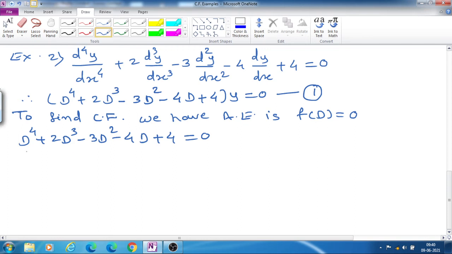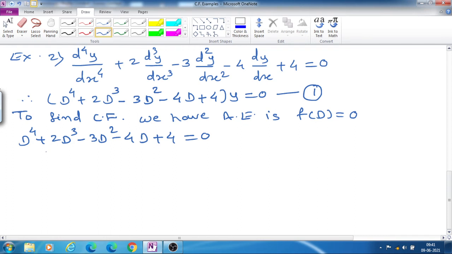Here the sum of even degree coefficients is plus 2, and the sum of odd degree coefficients is 2 minus 4, that is minus 2.